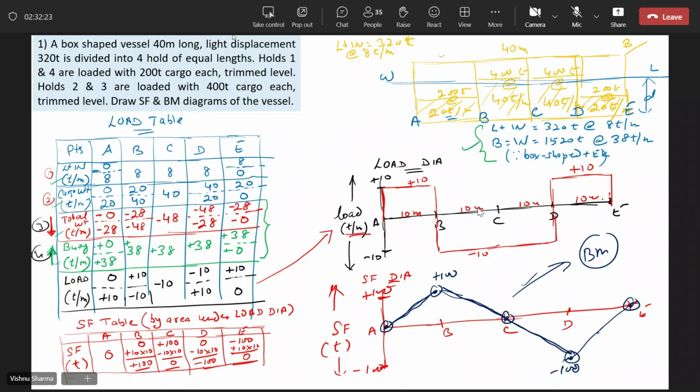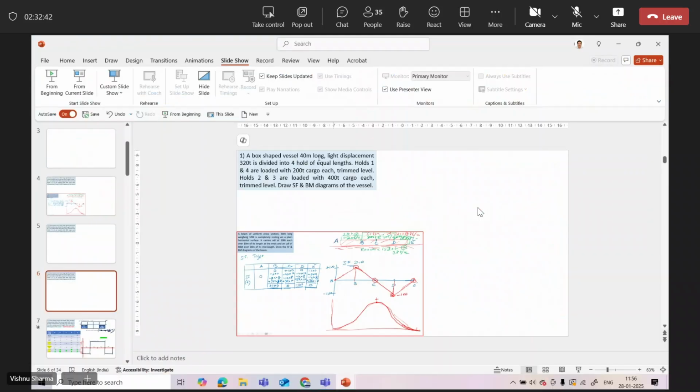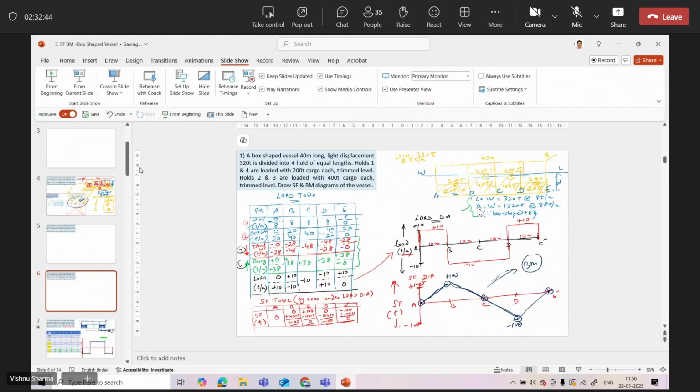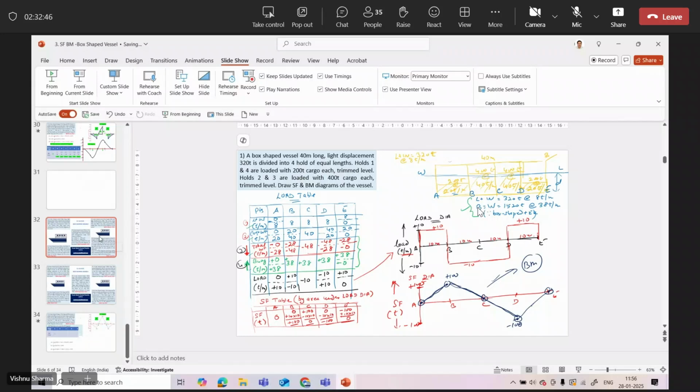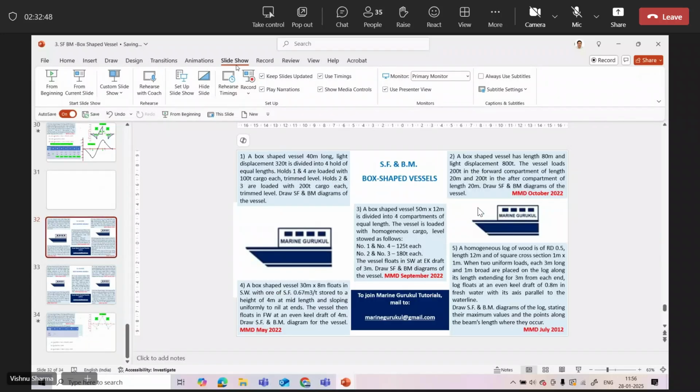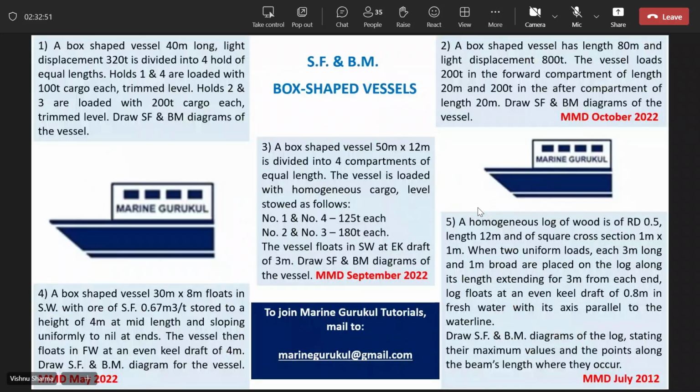Okay. Now let me just take you to the sheet. Which questions can you do? I'm closing this, guys. If anybody wants to take a screenshot or something, please do it. And now in the sheet that I have sent to you, what questions can you do?